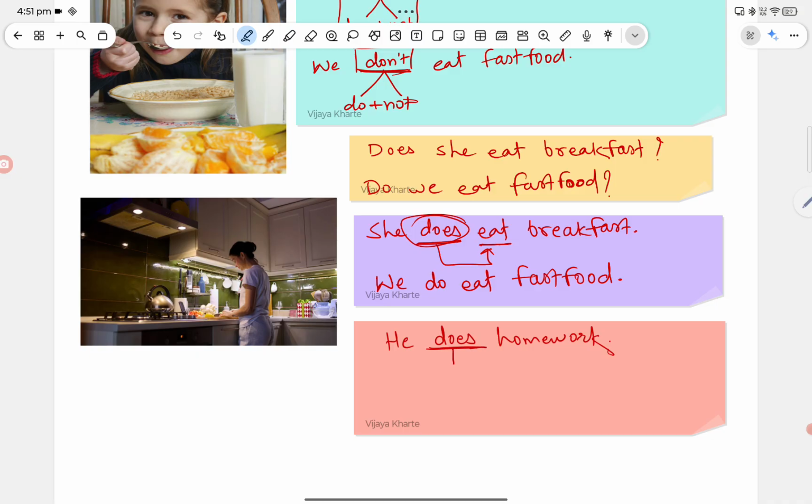Here, does is playing the role of main verb. Now, next example. They do duty honestly. Here, do is playing the role of main verb. I hope it is clear to you.